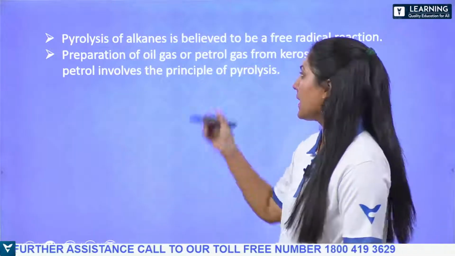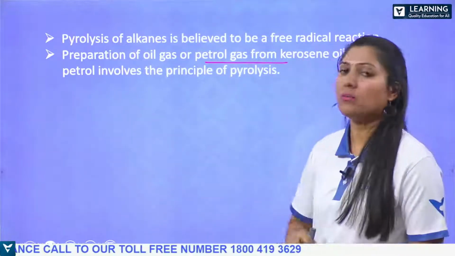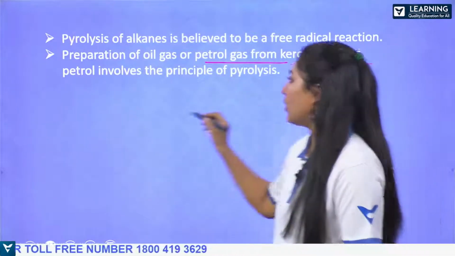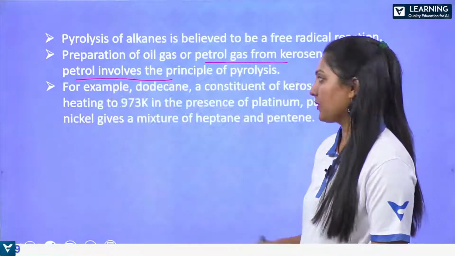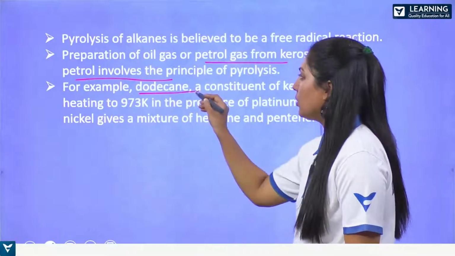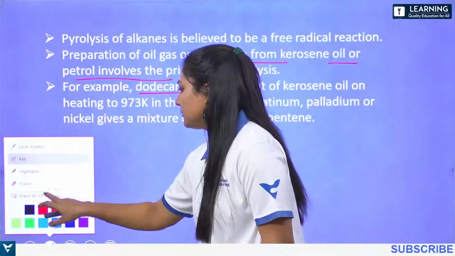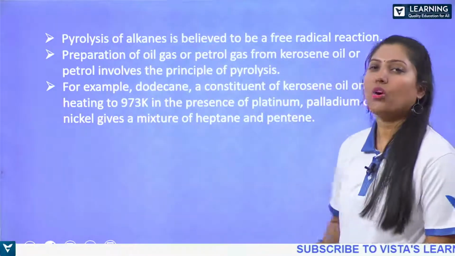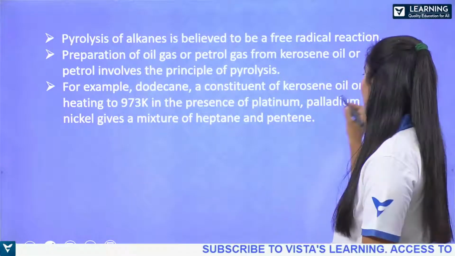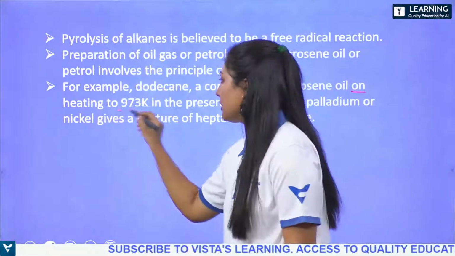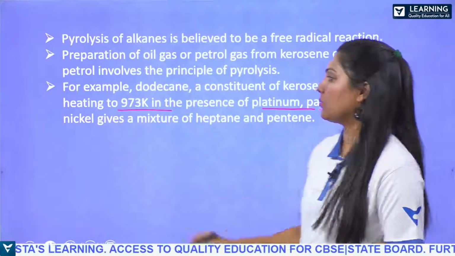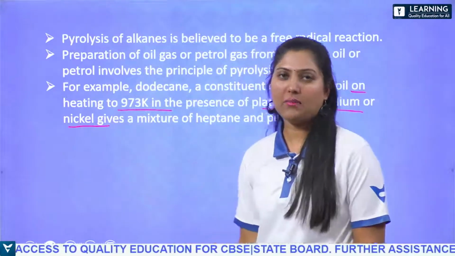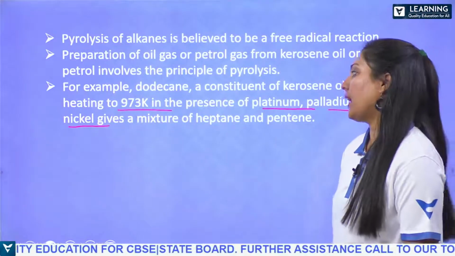Preparation of oil gas or petrol gas from kerosene, oil or petrol involves the principle of pyrolysis. For example, take dodecane, a constituent of kerosene, on heating at 973 Kelvin in the presence of platinum, palladium or nickel. Why are we taking them? They are good reducing agents.